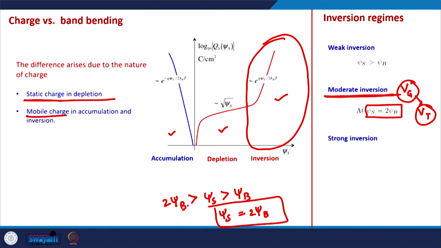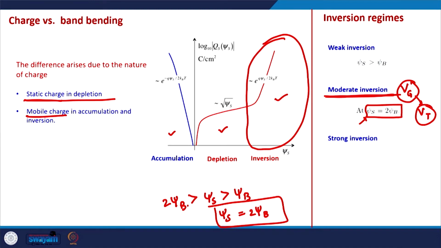But even at this point, the mobile charge or the inversion charge is still not too much. It is just comparable to the depletion charge at the interface per unit area.